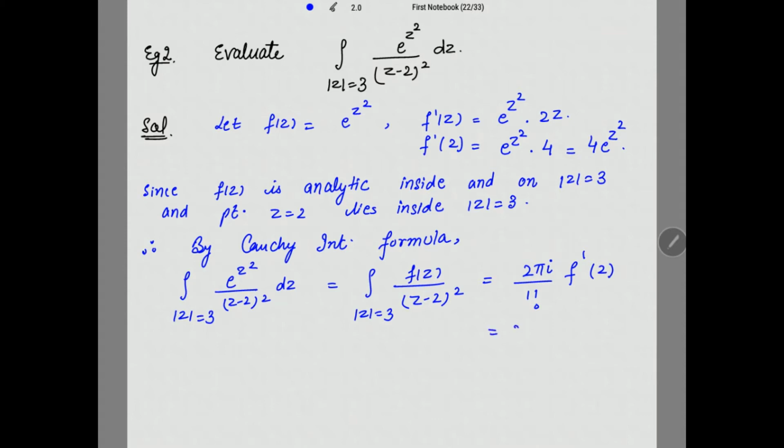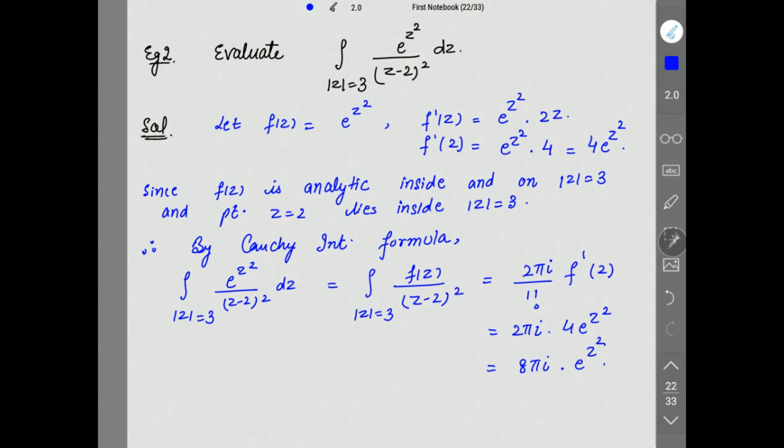So this is equal to 2 pi iota, and f dash 2 we have found, that is 4 e the power z square. Further it is 8 pi iota e the power z square. Easy? Okay, next.